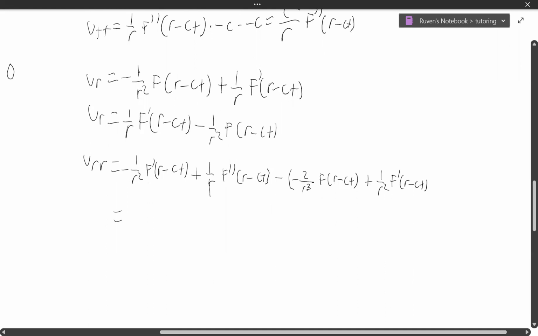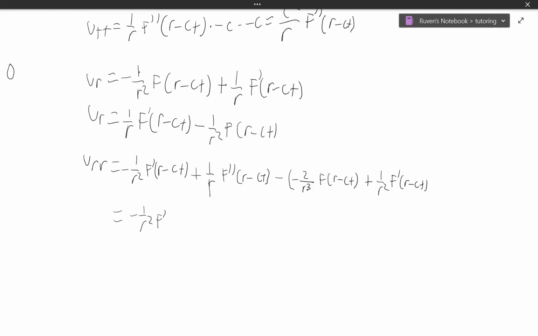So let's simplify this a bit. Negative 1 over r squared f'(r minus ct) plus 1 over r f''(r minus ct) plus 2 over r cubed f(r minus ct) minus 1 over r squared f'(r minus ct).